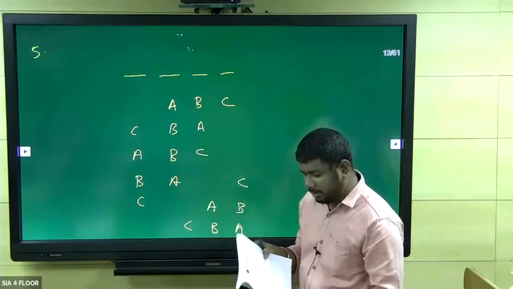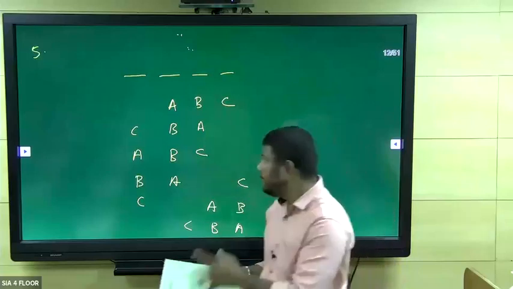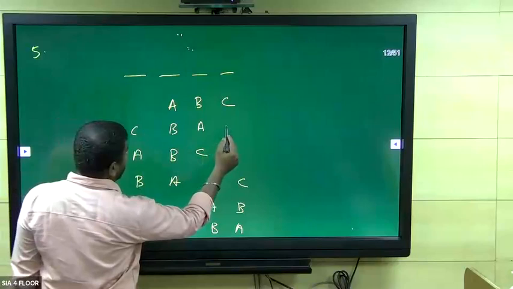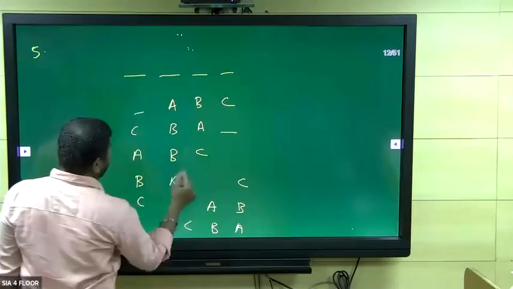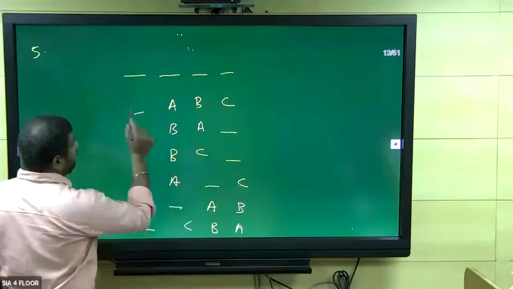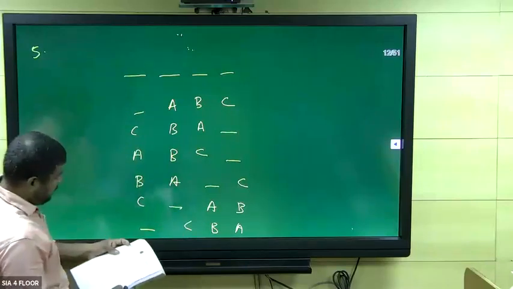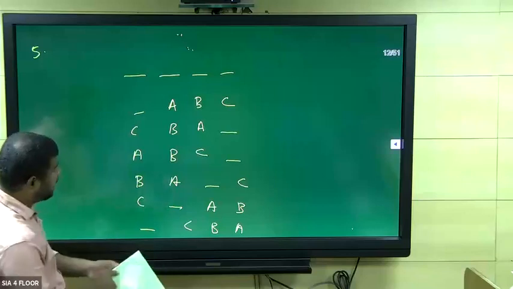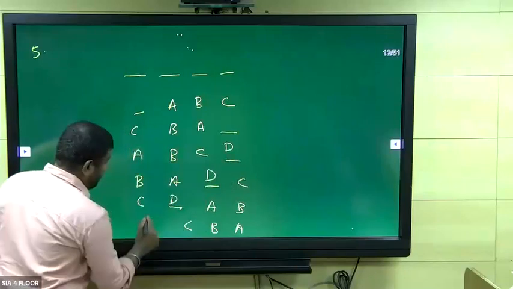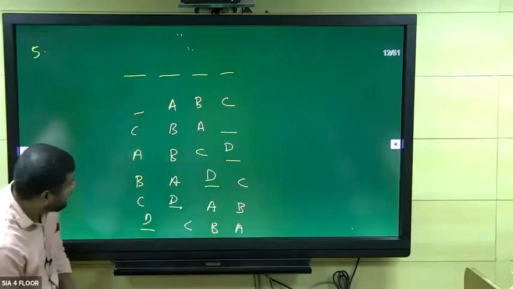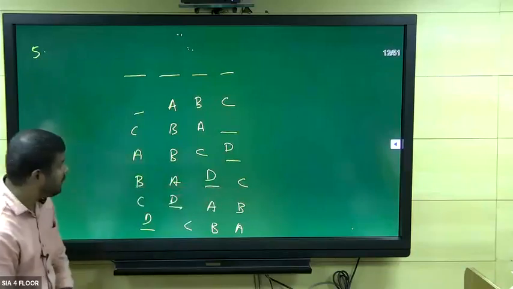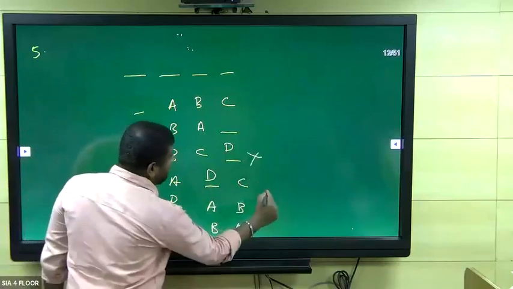Okay, so the next clue is, C is not sitting next to D. So we can clearly write it here, right? We have one left out place everywhere. Nothing but D should come, right? If C is not sitting next to D, D should not sit next to C, so we can eliminate all these 4.